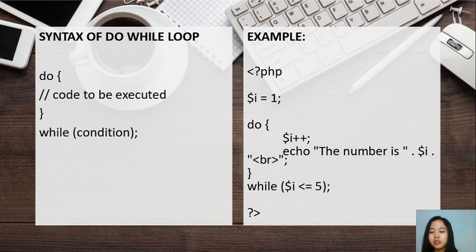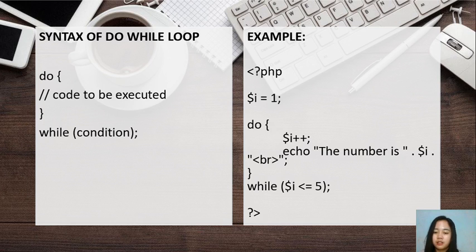So it becomes 2, and it outputs "The number is 2". Then it reads the condition. 2 less than or equal to 5. So, true. It goes back to the code. It is 2, incremented to 3, and so on until it becomes 5. In the condition, the variable is 5, equals to 5.